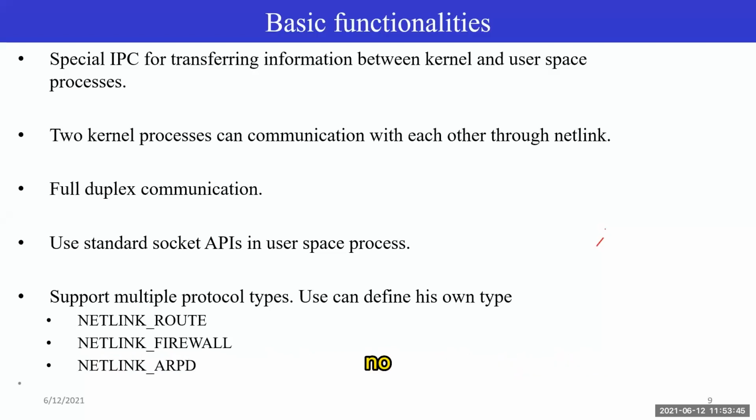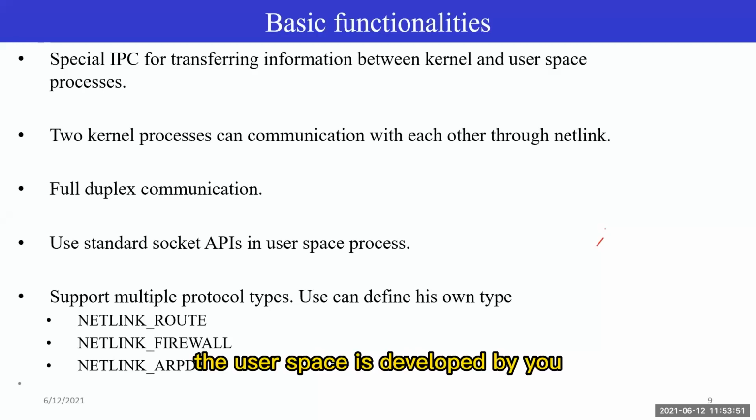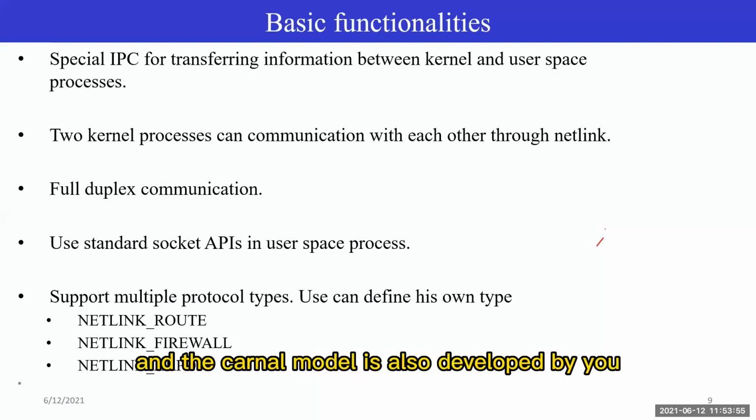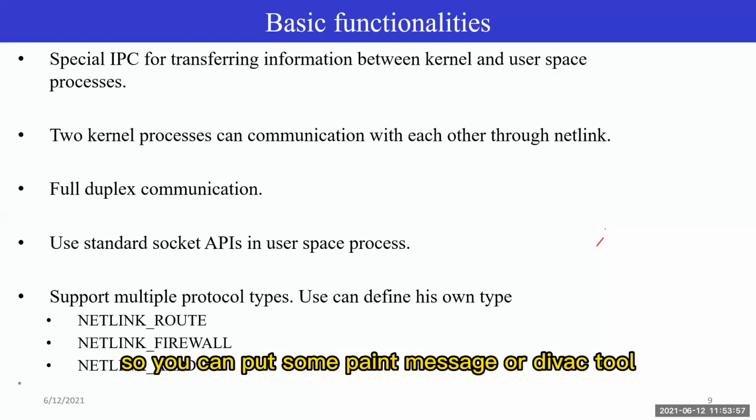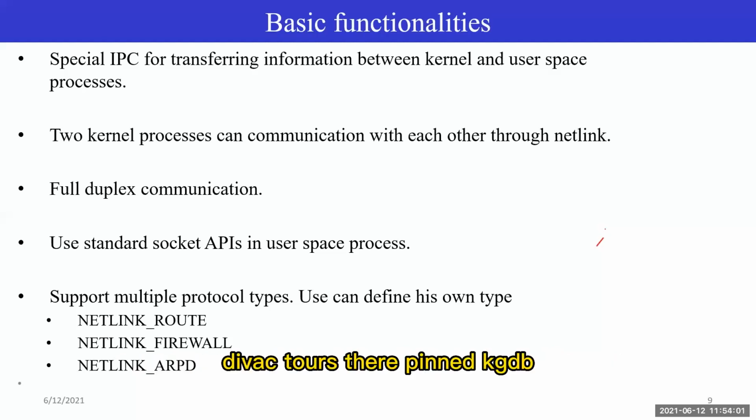No, no. So then, how do we debug if something goes wrong? The user space is developed by you, and the kernel module is also developed by you. So you can put some print message or debug tool. There are multiple debug tools there, printk, GDB, KGDB.